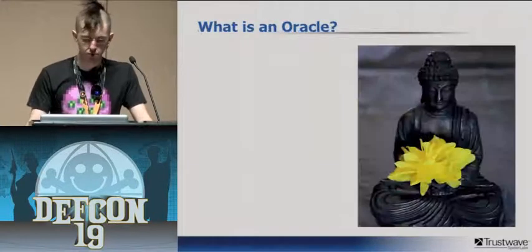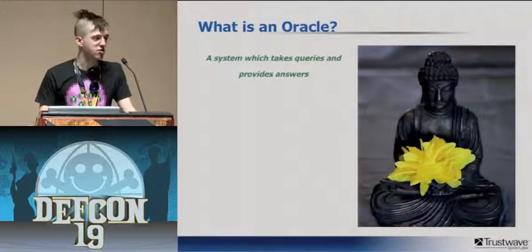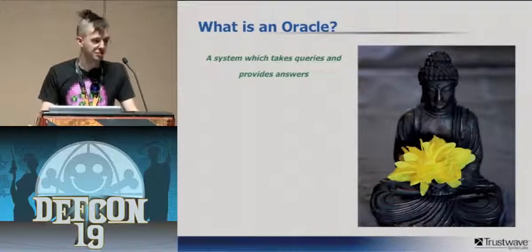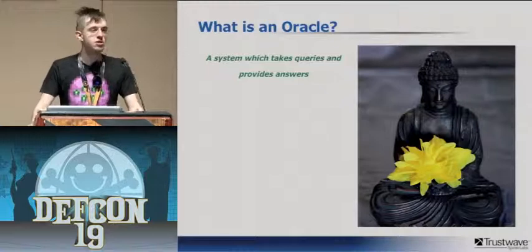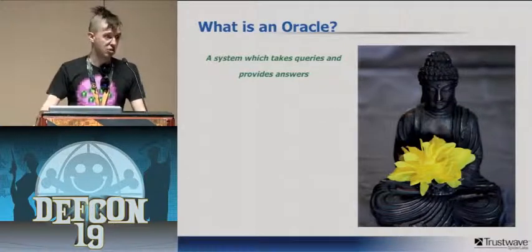So, I've said the word Oracle several times, and now I'm going to give you a vague and generalized definition, and then clarify a little bit. So an Oracle is any system that takes in user input, processes it, and gives the output.